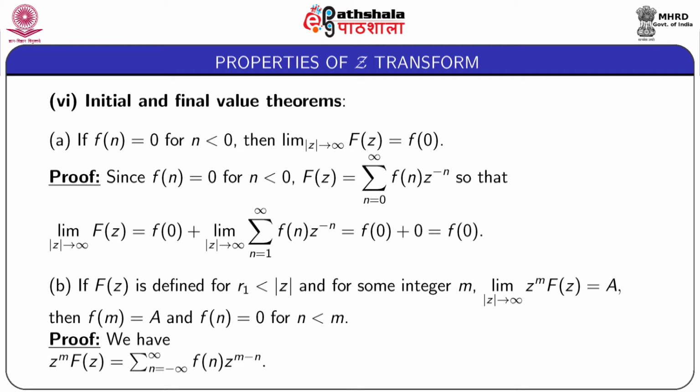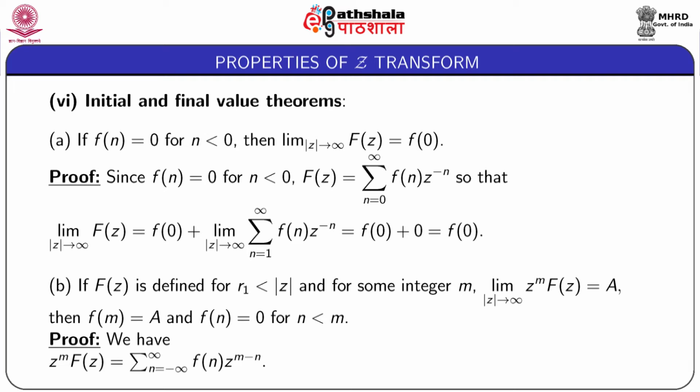Next is part B. If capital F(z) is defined for r1 less than mod z, and for some integer m, limit mod z tends to infinity of z to the power m capital F(z) equal to A, then small f(m) equal to A and small f(n) equal to 0 for n less than m.